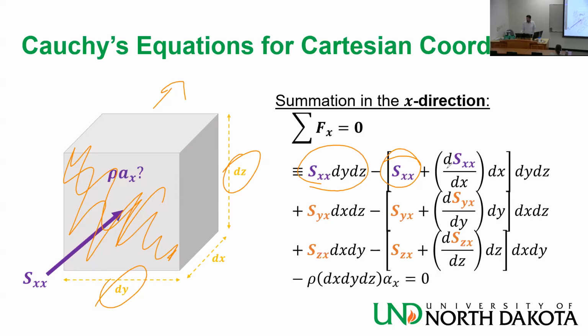So you have the derivative of sigma xx with respect to dx. Does my sigma xx change as I'm moving through the REV in the dx direction? If yes, this term would be non-zero. If no, this term would be zero and goes out of the way. Then you will only have this and this, so they will cancel out, and you have basically equilibrium in the normal stresses in that direction.